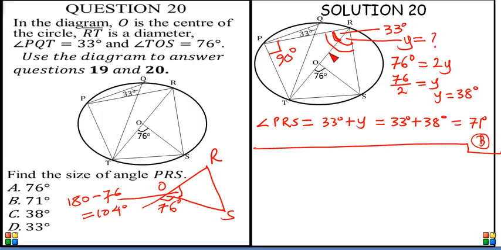OR is a radius because O is the center of the circle. OS is also a radius because O is the center of the circle. That makes OR equal to OS. They are both radii of the same circle, and so the base angles must be the same, Y and Y. So this is Y and Y, base angles of isosceles triangle.